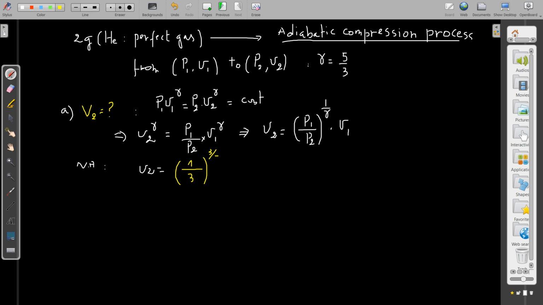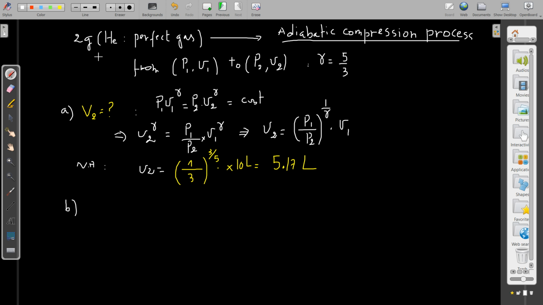All of this multiplied by the 10 liters. So you will find the volume in liters, because you have conserved liters here. This calculus gives almost 5.17 liters. This is for A.